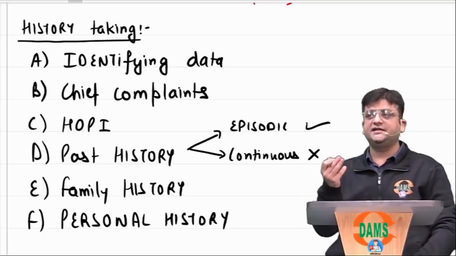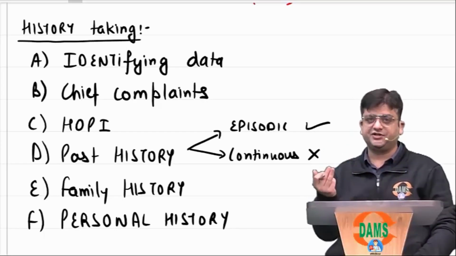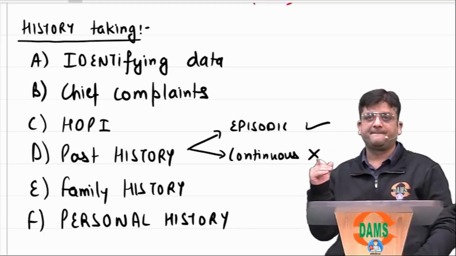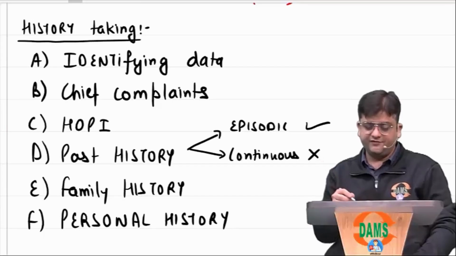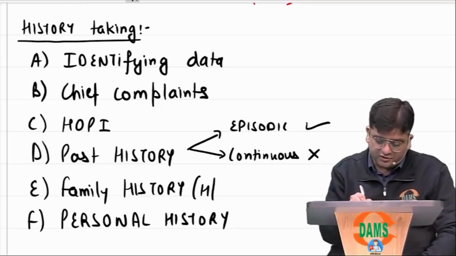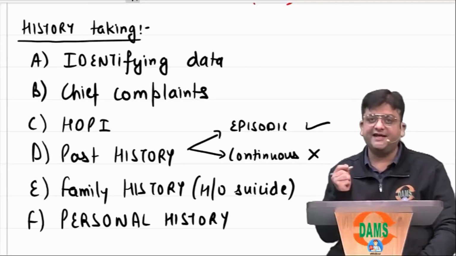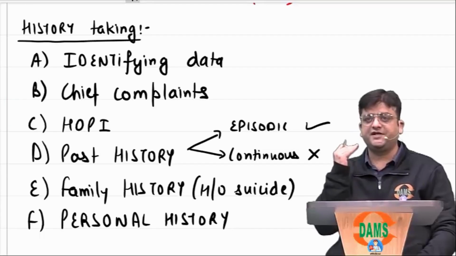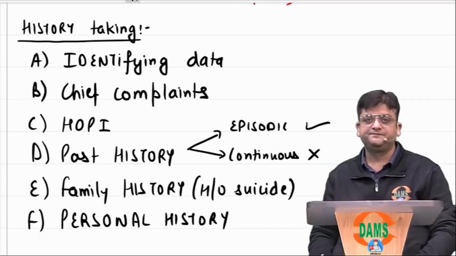Because the disease that touches the baseline, there's a past history. The disease that does not touch the baseline, there's no past history. In family history, it is very important to ask history of suicide in any of the family members. It tells us whether there was any evidence of depression in the family members.